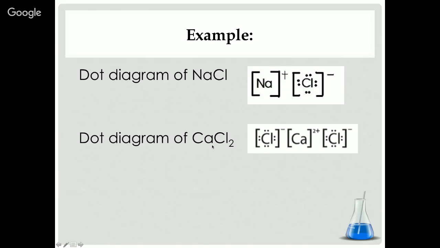Calcium chloride, we have 1 calcium, we have 2 chlorine. So we put the calcium in the center, and then we put our 2 chlorines on the outside. And we can always verify that we did this correctly by checking that the total charge must equal 0. So we have 1 negative and 1 negative, which gives 2 negative charges, and then 2 positive charges gives a neutral compound.